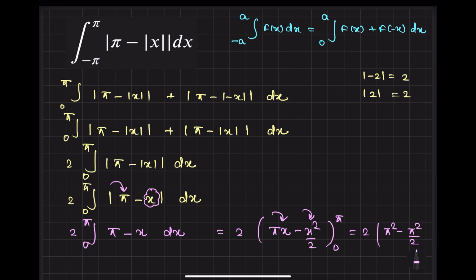Here also it will become 0. So pi square minus pi square by 2 will become pi square by 2, into 2. So we will be having pi square. So the definite integration of the given question is pi square.